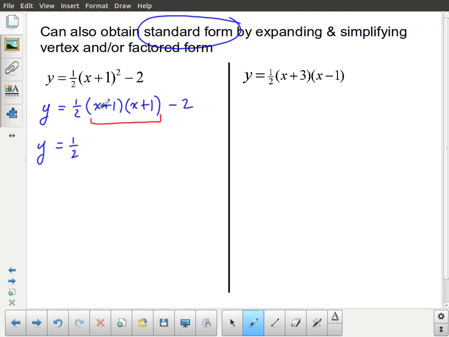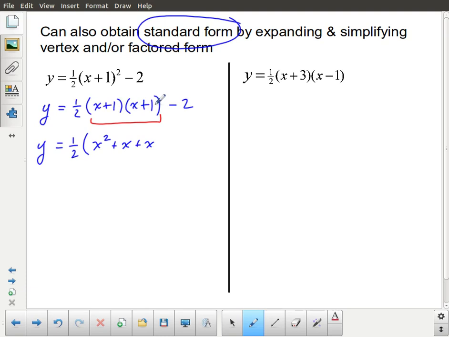I take a look at the first terms in each of the brackets, and those are both x's. An x times an x gives me an x squared. I'm going to look at the outer terms. That's the first term from this bracket and the last term from this bracket. x times 1 is just an x. I'm going to look at the inner terms. 1 times x is an x.